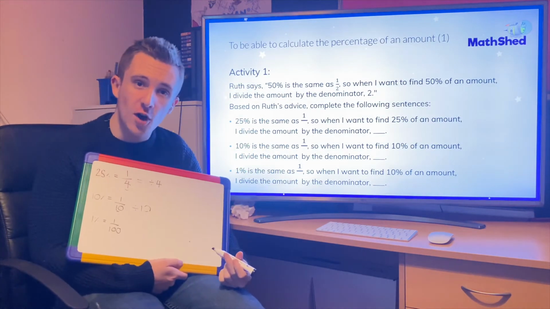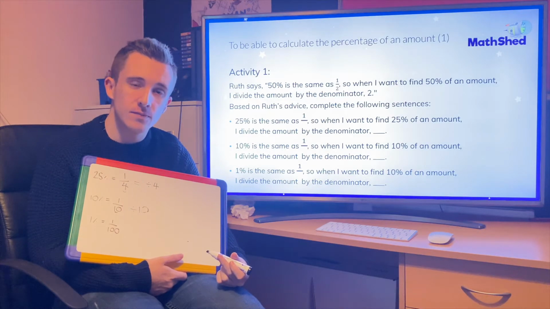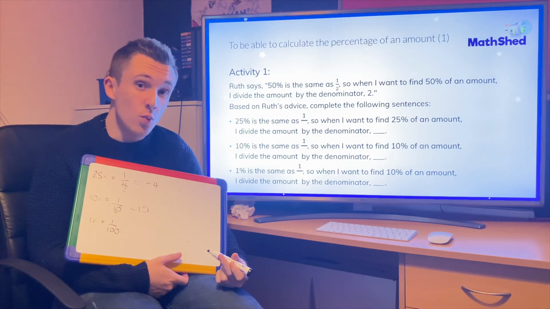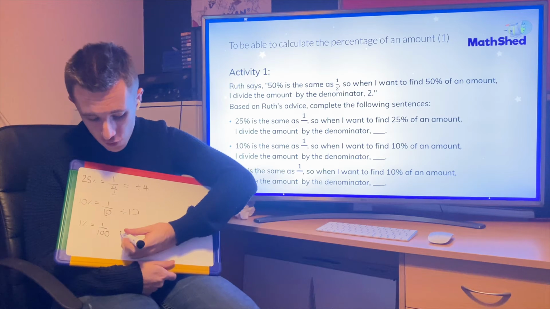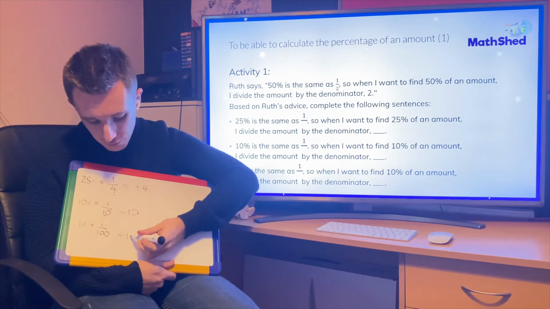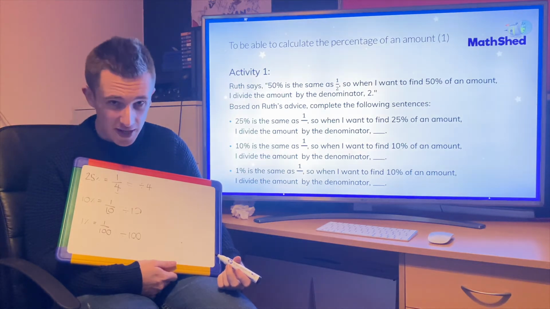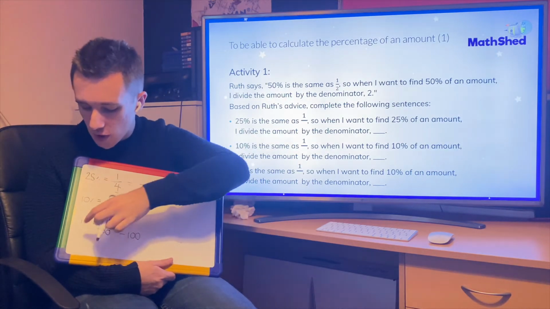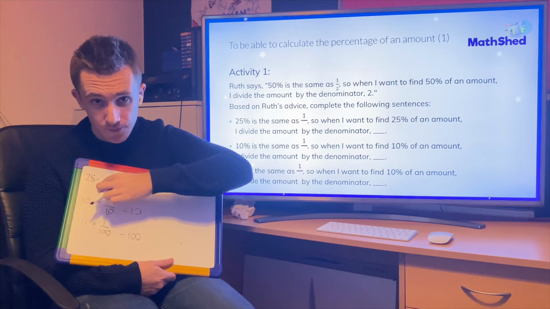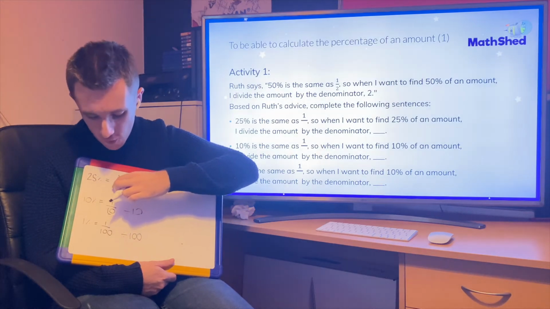So what am I going to divide by to find 1%? If I wanted to find 1%, I'd divide by 100. So basically, you take your percentage and think of what the fraction is.